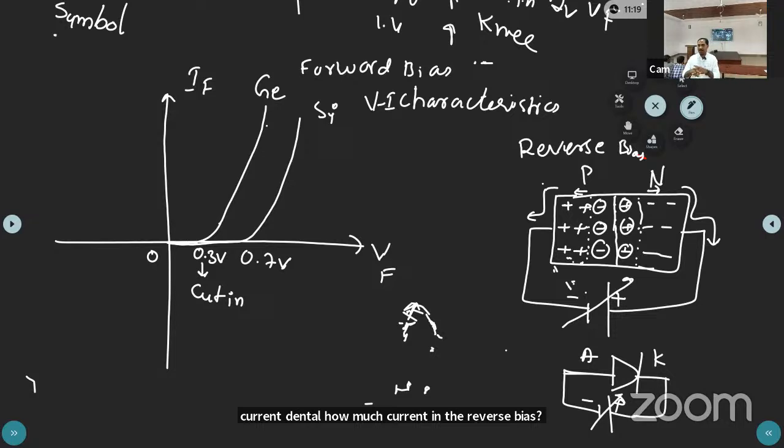You did not understand the point. The current definition is flow of electrons. Flow of electrons is called the current. Okay. Now the diode is connected in reverse bias. In this reverse bias, the electrons are moving towards the battery. Is there electron movement?